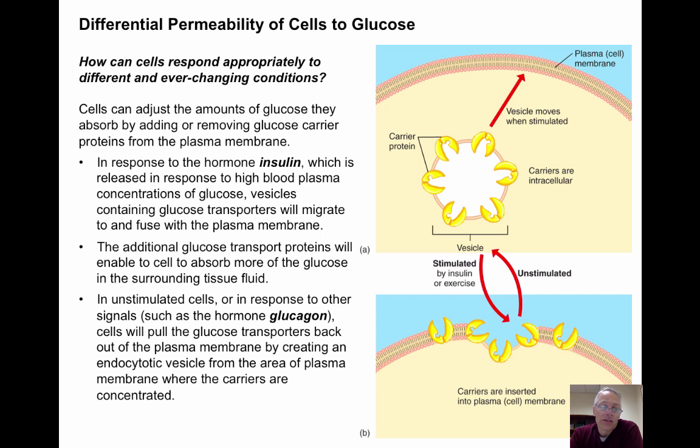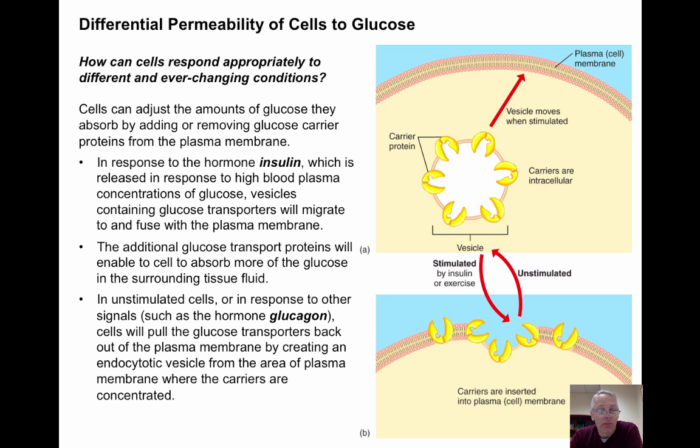Our cells have the ability to take in glucose. Glucose is a source of energy that pretty much every cell in the body would be happy to get a hold of, taking in glucose so that the cell can do cell respiration, using the energy from that sugar to make some ATP to power the various processes going on inside the cell.